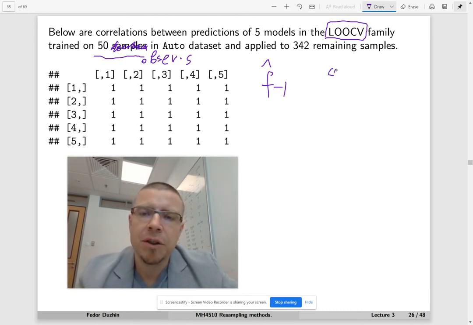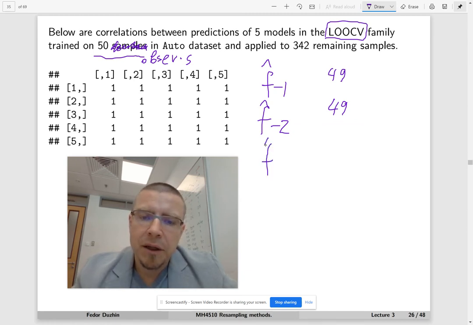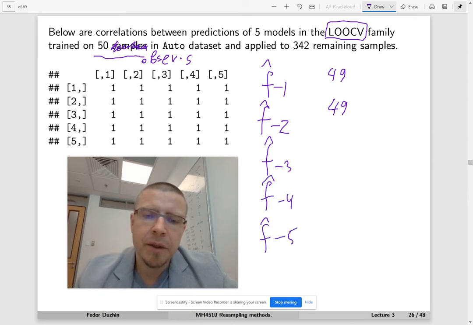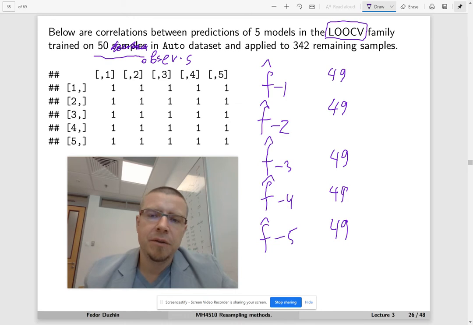Then to train the second model, I removed the second observation and trained it on the remaining 49 observations from these 50 observations, and so on. So F hat minus 3, F hat minus 4, F hat minus 5. Each of these models was trained on 49 observations from these 50.